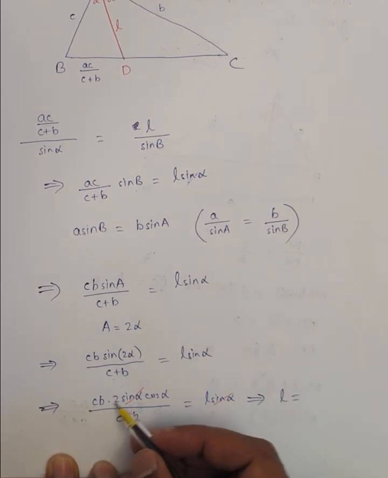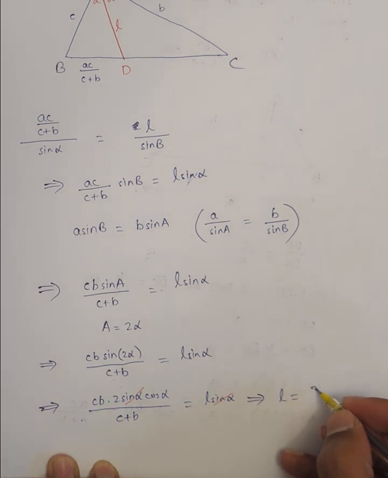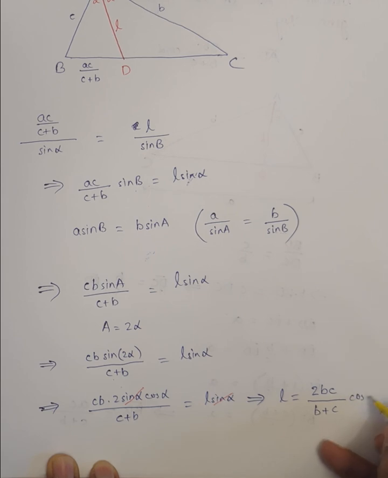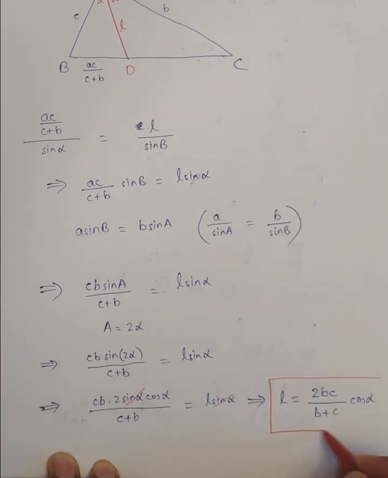L is CB times 2, I can write that as 2BC over C plus B, which I'll write as B plus C, times cos alpha. So that's our answer. That's the proof.